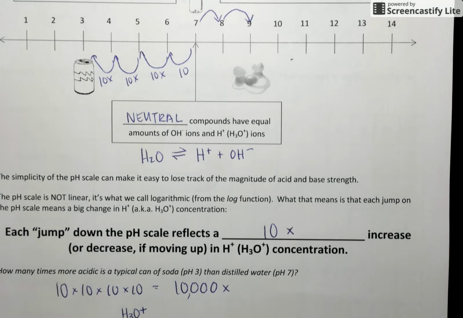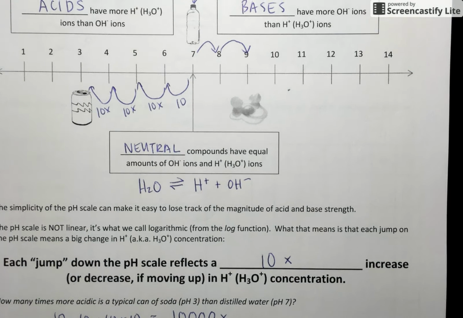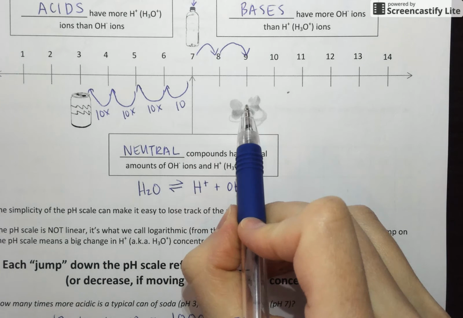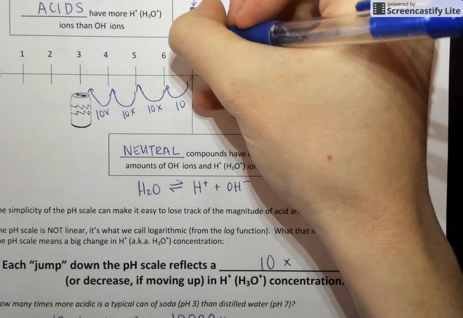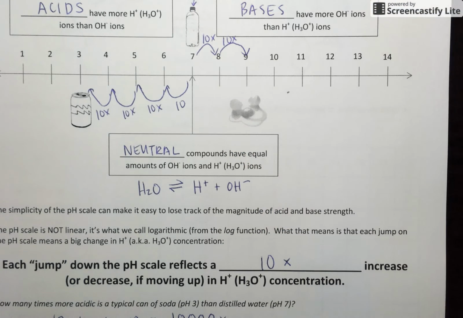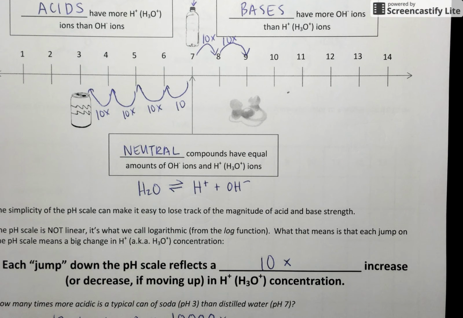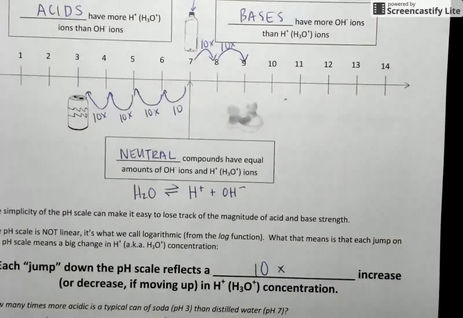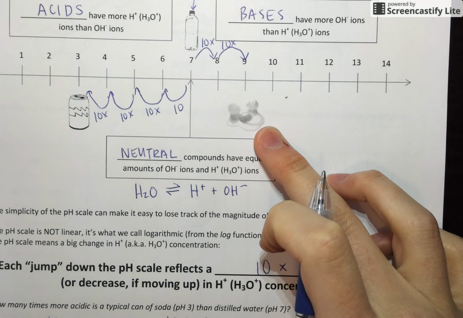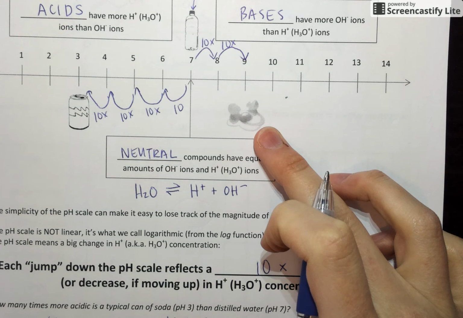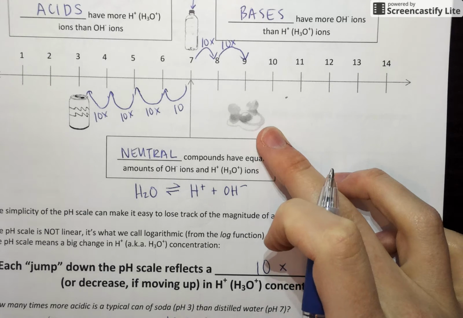I'm going to go back up to my pH scale and see that to get from water with a pH of 7 to egg whites at a pH of 9, I had to make 2 jumps, each worth a factor of 10. So 10 times 10 means that egg whites are 100 times more basic, or they have 100 times less H+ than distilled water.